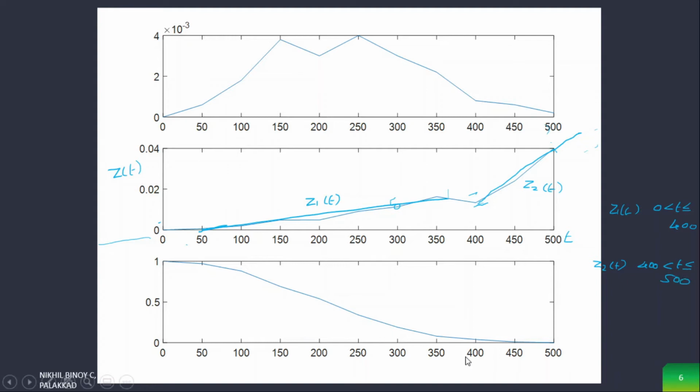So Z1 of t is for t between 0 and 400, and Z2 of t for t between 400 and 500. For Z1 of t, we are using a straight line approximation, that is a linearly increasing hazard model, with the points corresponding to 50 and 300, and for Z2 of t I am going to use the points corresponding to 400 and 500. Is it okay? Now first, Z1 of t.